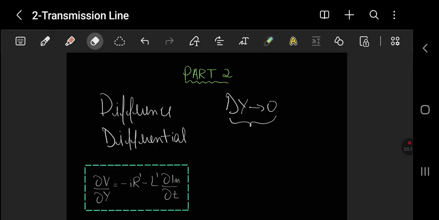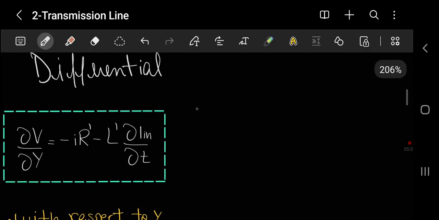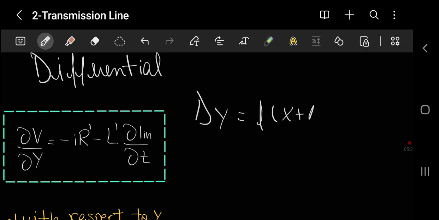Delta y is the operator that represents the infinitesimal section, and in calculus it is the result of subtracting one quantity from another, which we call the operation of difference. And as you can see, this gives us finite changes of values.